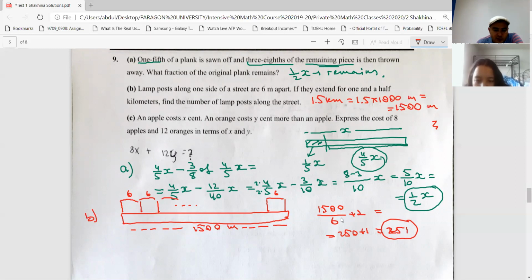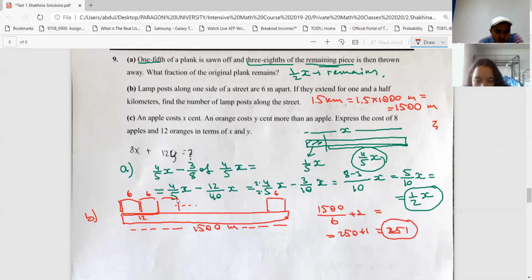Because assume that we have only 3 posts, 1, 2, 3, and the length of this street is, let's say, 12 meters. How many lamp posts do we have here? 3, right? 1, 2, 3. But here we have 2 intervals. You understand? If you have 2 intervals, we have 3 posts.